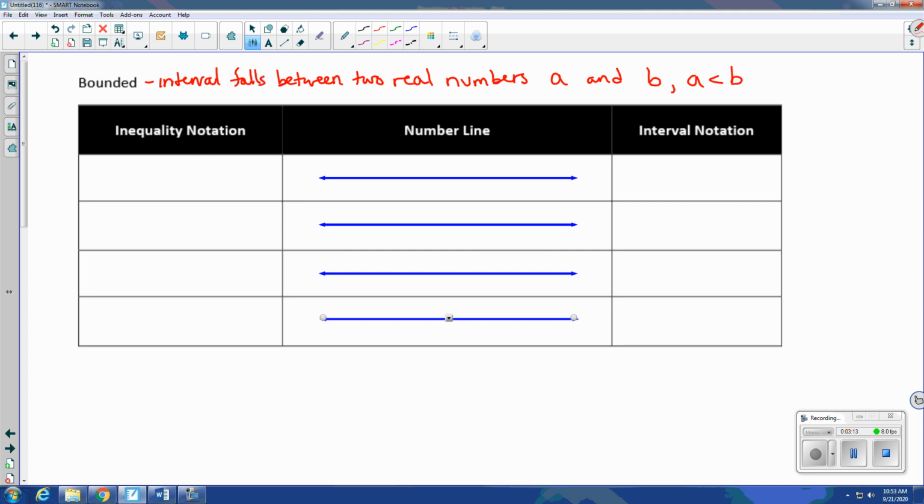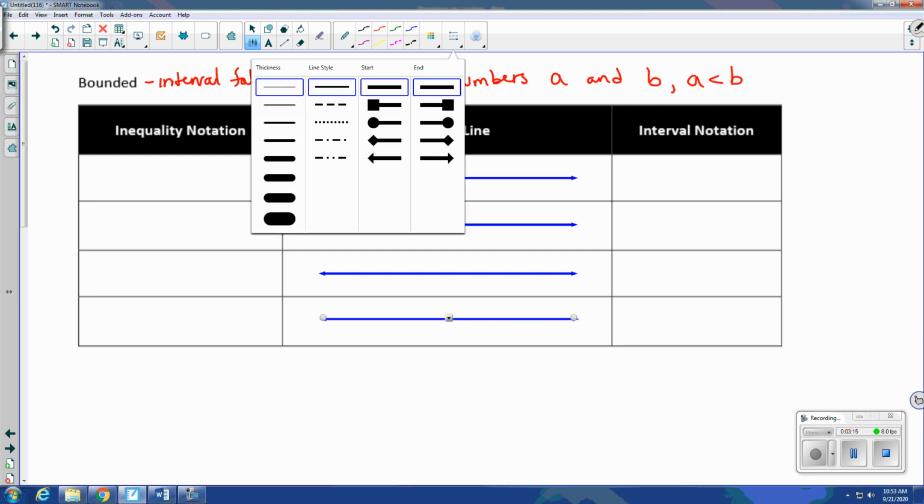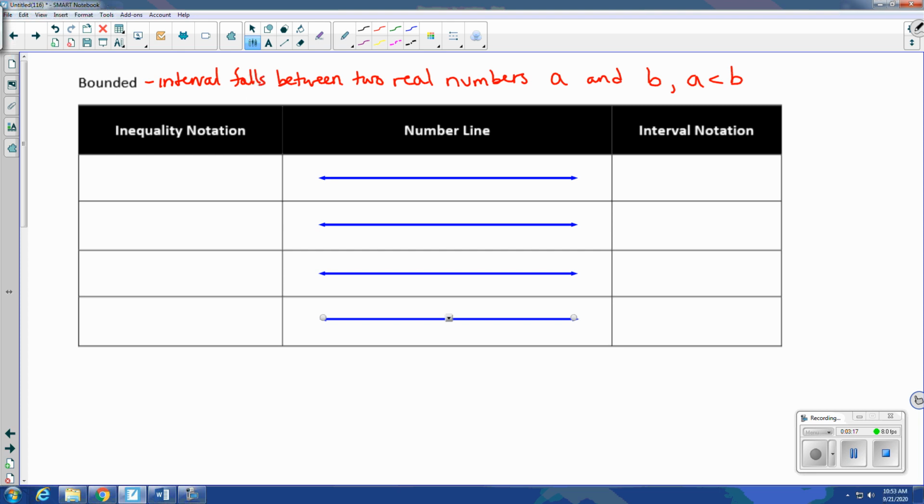So for inequality notation, the first possibility is our variable x. So x represents all of these numbers in the set, or any of the possibilities. They're going to be caught between A and B, where A and B are not included. So this reads A is less than x, which is less than B. You could have A be included in the set, and in that case, we would use that less than or equal to sign.